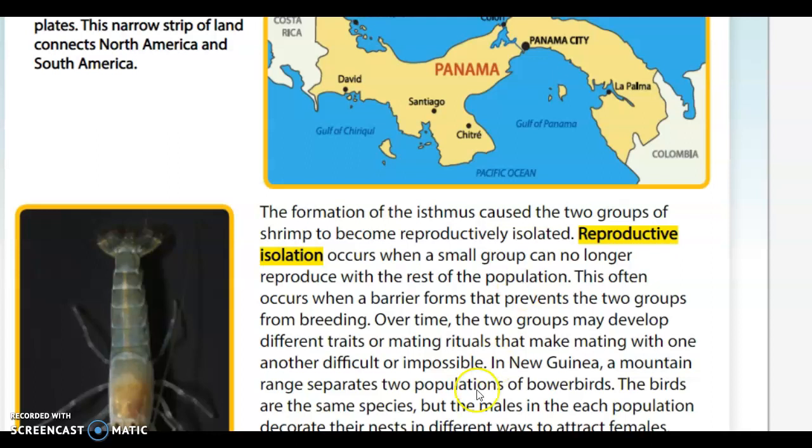So they will develop different traits or mating rituals that make mating with one another difficult or impossible. This separation by the isthmus will prevent them from breeding with each other's group. So it acts as a barrier or a separator.